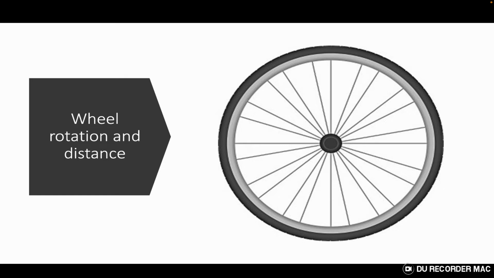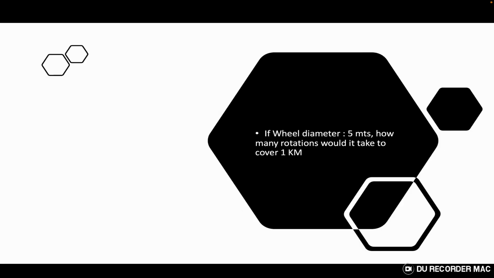The problem that we are trying to solve is, if the wheel diameter is 5 meters, how many rotations would it take to cover 1 kilometer of distance? So a 5 meter wheel, and 1 kilometer is the distance that we need to cover. What do you guys think, how much would it take?